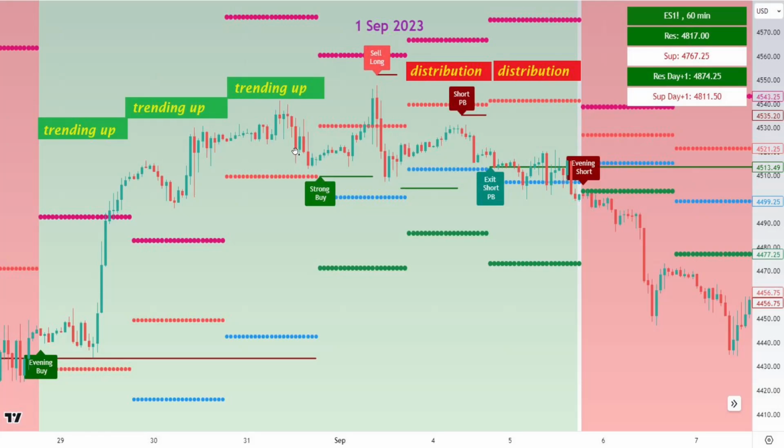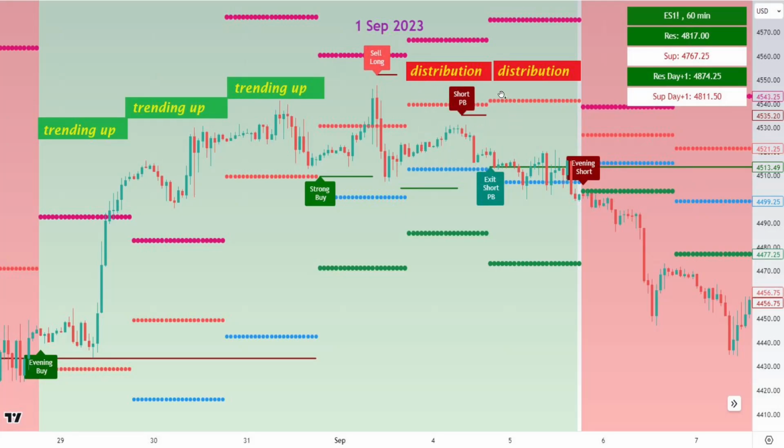Look, after several days when price was trending up strongly, and spent a lot of time not only over the resistance but over the secondary resistance, the sign of super strength, then comes the day when price actually ended down inside the range, so that was the first day of distribution. Then comes another day when price makes a really narrow range, and again it spends the day inside the daily range, another day of distribution.